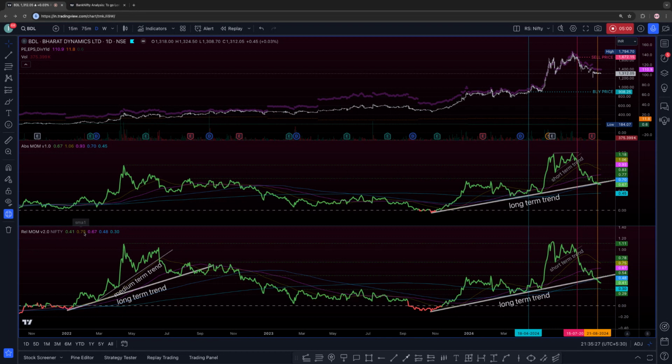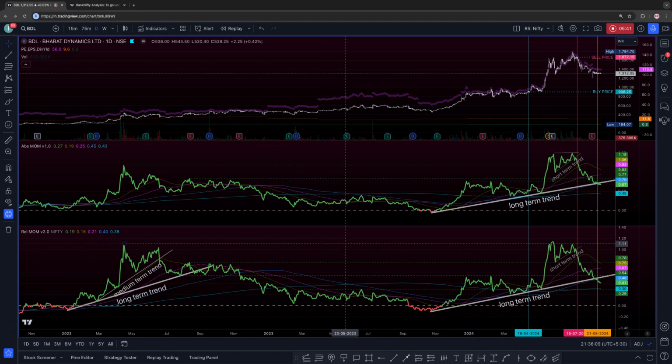So SMA1 is the shortest one with the shortest moving average, and SMA4 is the longest simple moving average. Why they are plotted is they give an implied support and resistance on the momentum charts. When you see a lot of charts, you will realize that the momentum indicator actually takes support or resistance on these kind of SMA lines. You will be seeing that when you see more number of charts when I post them online.